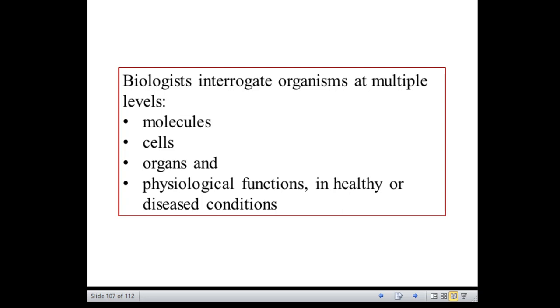But on the other hand, number four, the exploration of physiological functions and systemic interactions between organs requires a whole organism. So here you cannot have the in vitro approach.